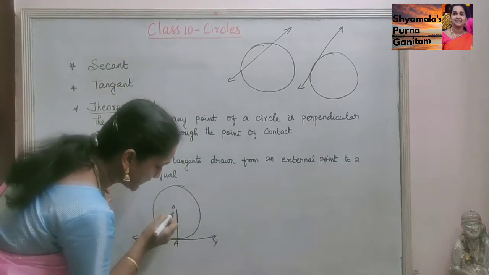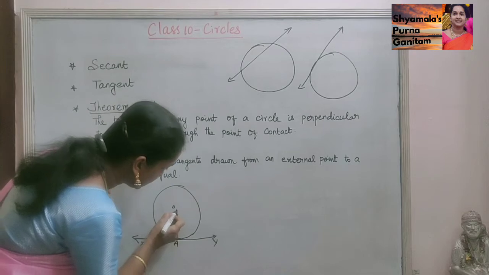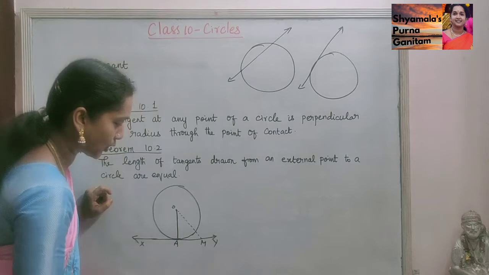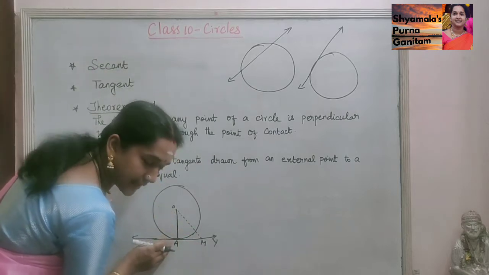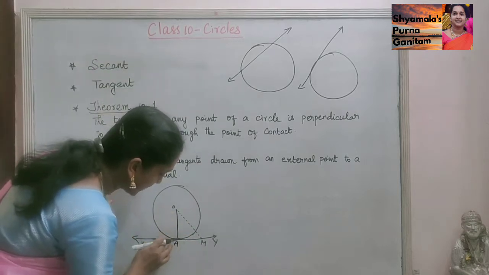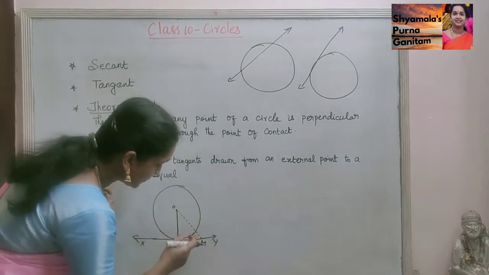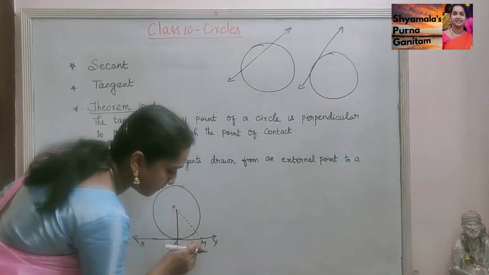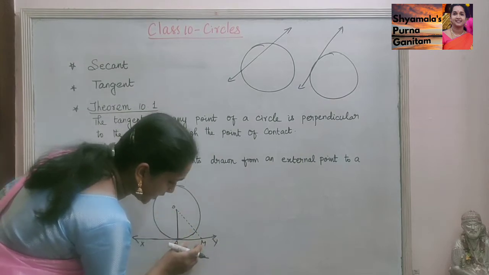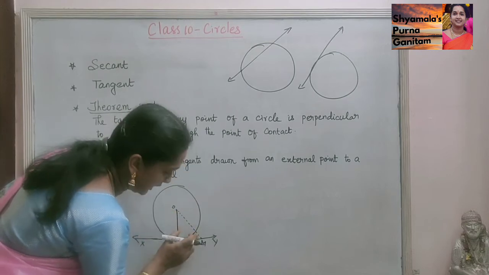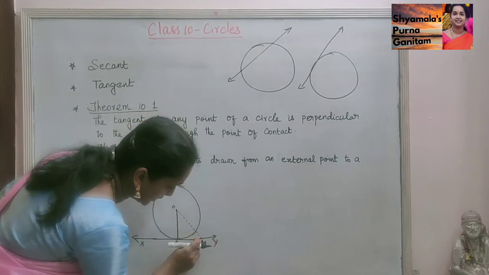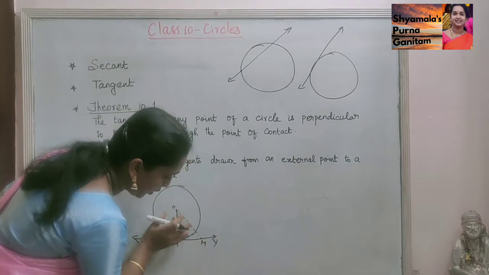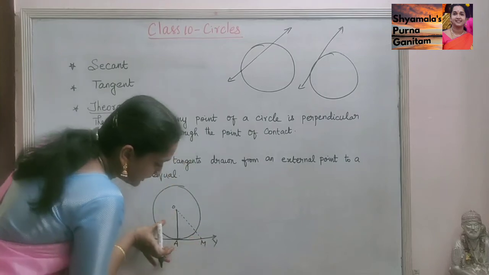When this OA is perpendicular, if we draw any other line, say OM, to some other point on the tangent line, that point is outside the circle. So that OM will be bigger than this OA.